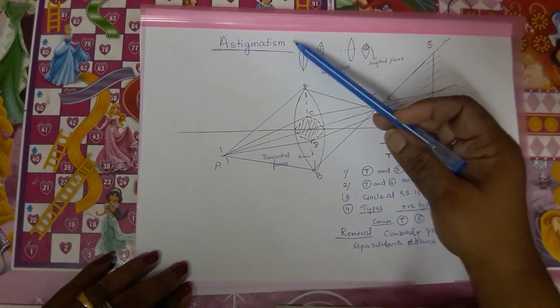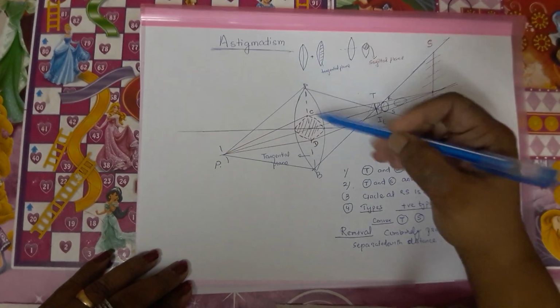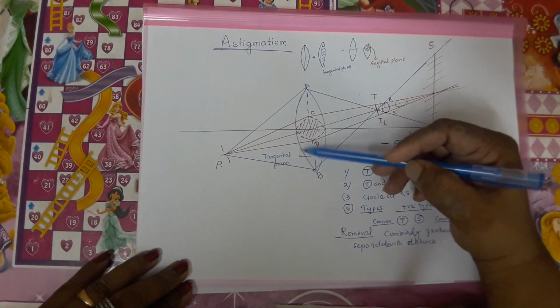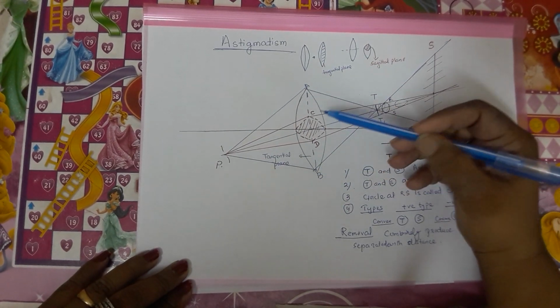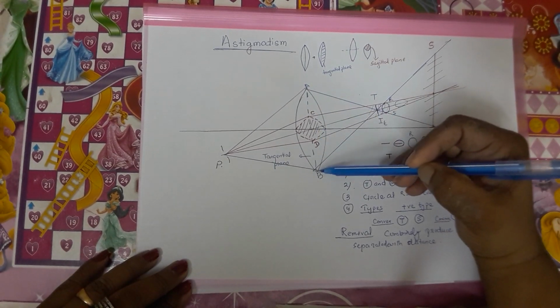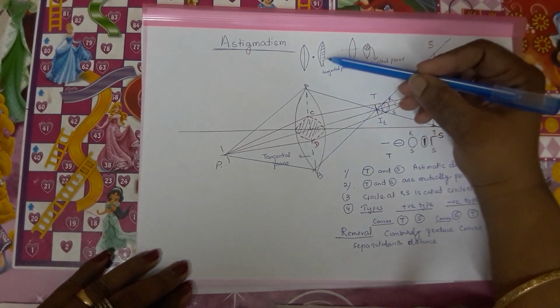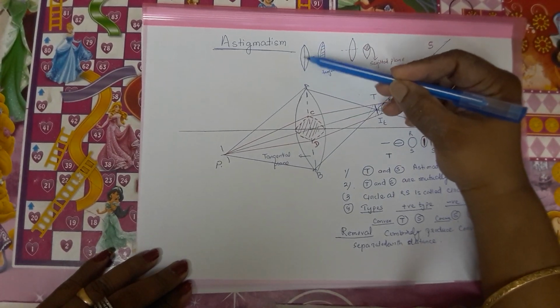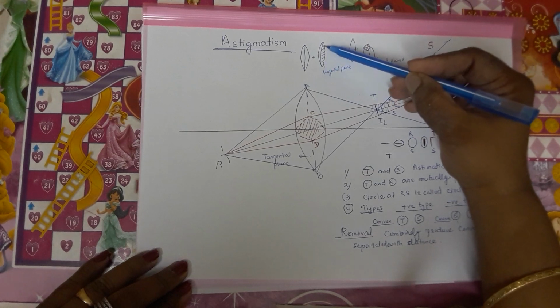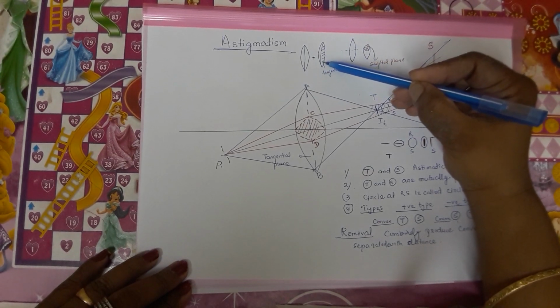Let me discuss astigmatism by using a ray diagram. This is a convex lens, and let me show the two different planes present in the convex lens. If I cut the convex lens vertically, I will get a plane like this.